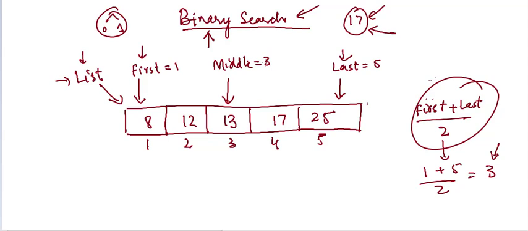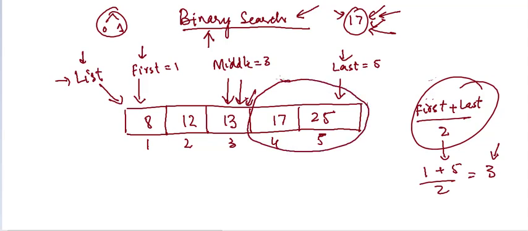Now we are first going to check whether the value lying in this middle element equals 17, right? So we're going to check whether this value 13 is equal to 17 or not. If it is not equal to 17, then what we can see here is that 17 is larger than 13, which means that the number that we are searching for must be in the upper half of the array.